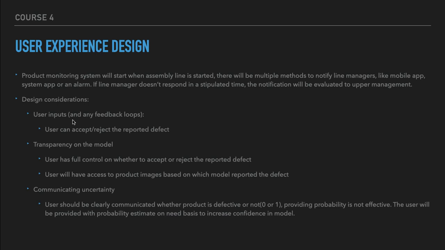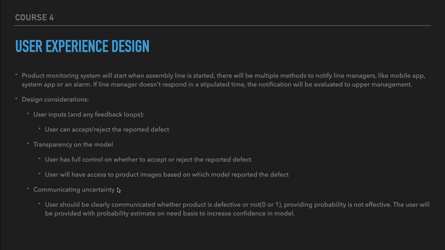Then we have different design considerations, like user input and any feedback loop. The user can accept or reject the reported defect. Transparency: we handle it by making sure that the user has full control over whether to accept or reject the reported defect. The user will have access to the product images based on which the model is making its decision.